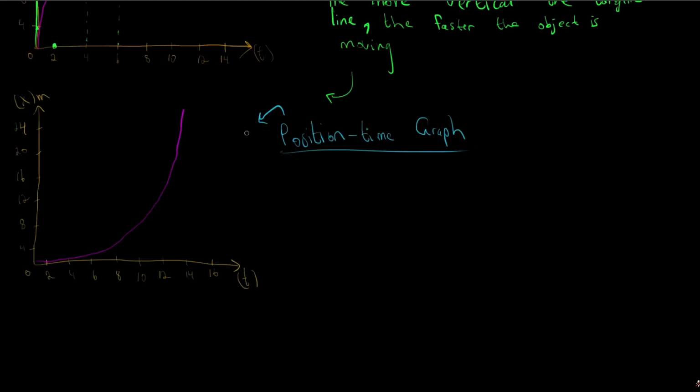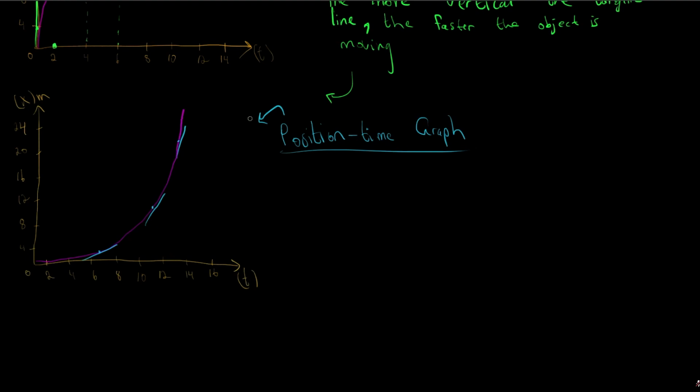Now in this case, we can see that the object is speeding up because the longer it's in motion, the more vertical its tangent line is. If I were to take a tangent line here, it's more horizontal, and here it's more vertical, and it becomes pretty fast around here.